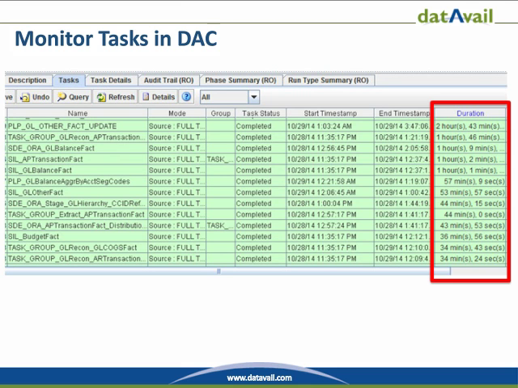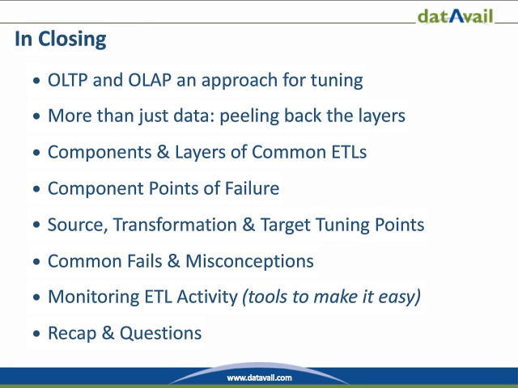And then what you can do is find those long-running tasks, go back to Informatica or go to your workflow logs, pull those tasks up and extract the SQL, take a look at the SQL and see what the SQL statements are doing, try to understand the performance problems. Maybe there's some ways that you can spend a little time doing some tuning and improve the speeds of these. So that's the DAC.